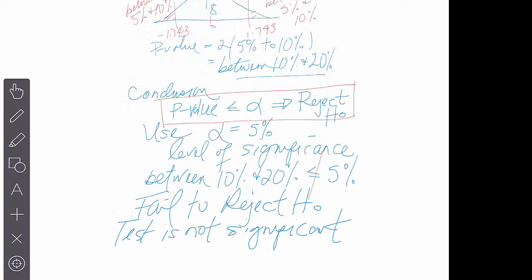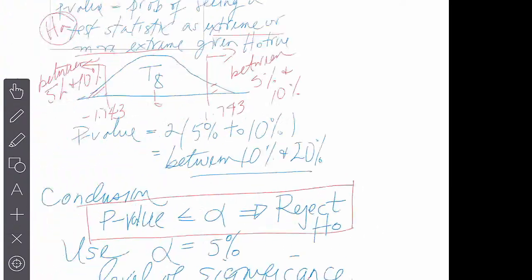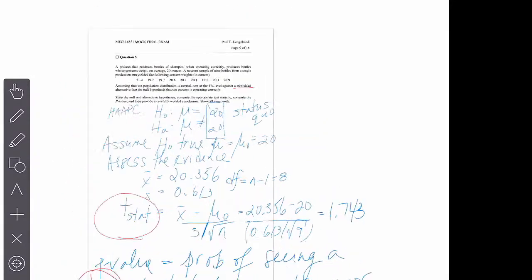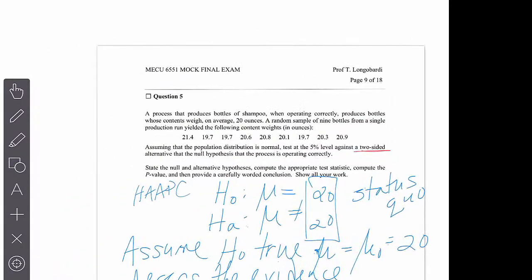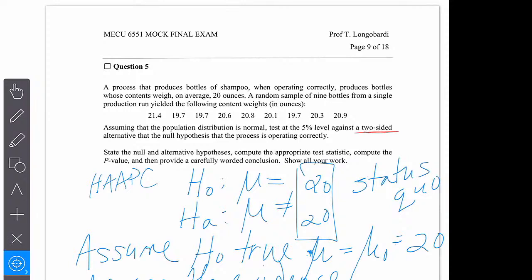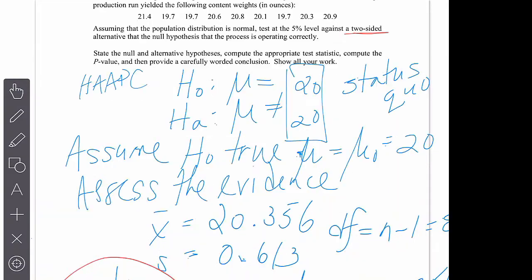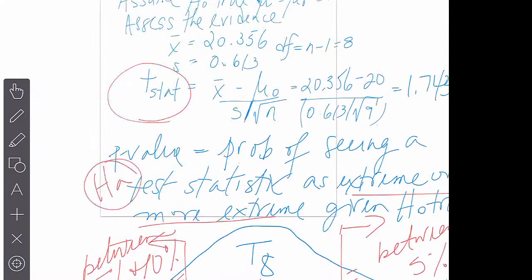Can you guys give me a statement of what we found? The original statement was about shampoo bottles. So these were the weights of shampoo. So there's really insufficient evidence to say that the weight of the bottles is different from 20 ounces. Okay, so there's no evidence that that's true. That's what you would say in your final statement.